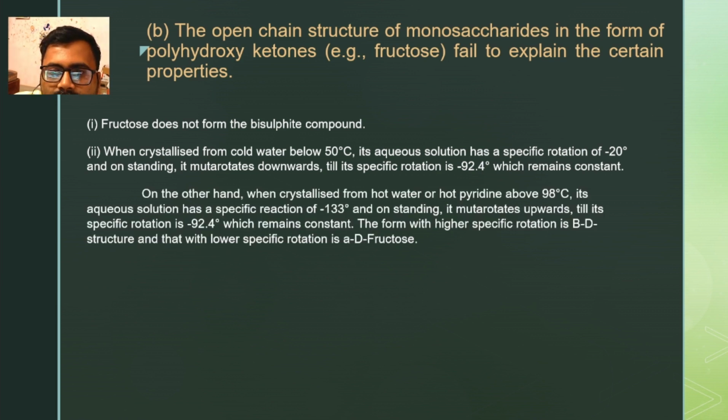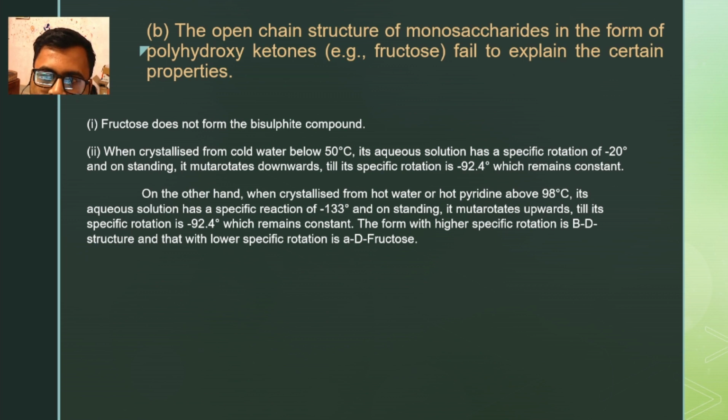On the other hand, we can recrystallize D-fructose from hot water or hot pyridine above 98 degrees Celsius, and this crystallized D-fructose dissolved in aqueous solution has a specific rotation of minus 133 degrees, and on standing this mutarotates upward until its specific rotation is minus 92.4 degrees, which remains constant.